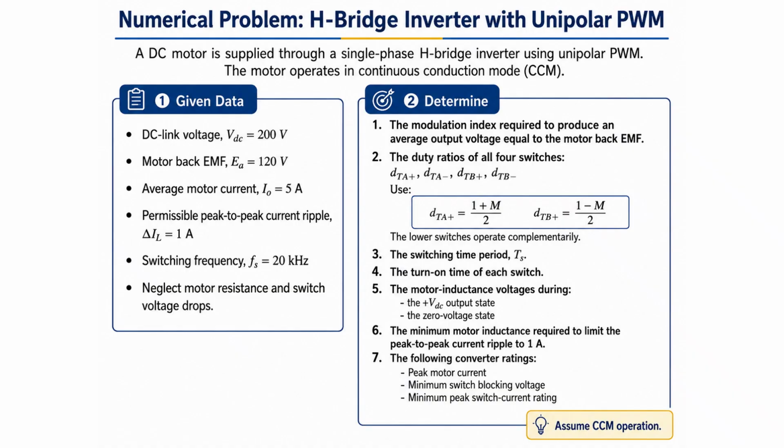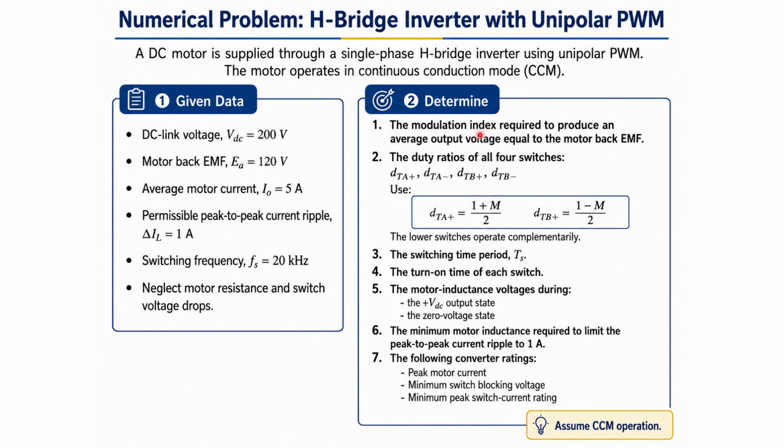Now we'll move on to the numerical problem related to this. We need to design an H-bridge inverter. A DC motor is supplied through a single phase H-bridge inverter using unipolar PWM. The motor operates in continuous conduction mode. These are the given data: VDC, EA, I0, all values are given.